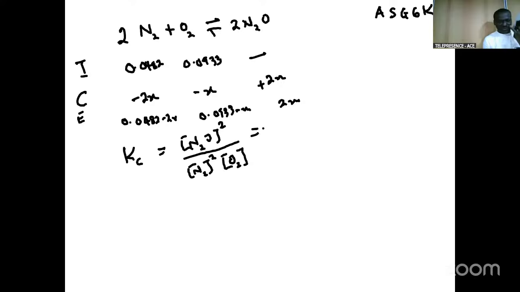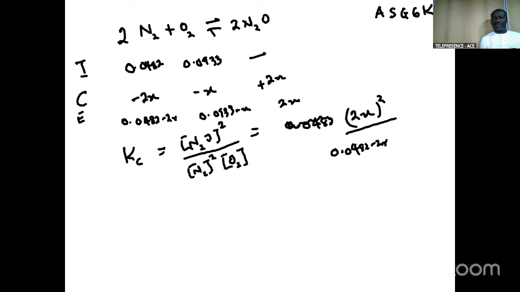And that becomes 2x squared over 0.0482 minus 2x squared, and of course times 0.0933 minus x.